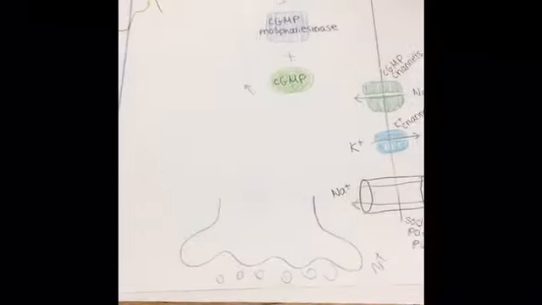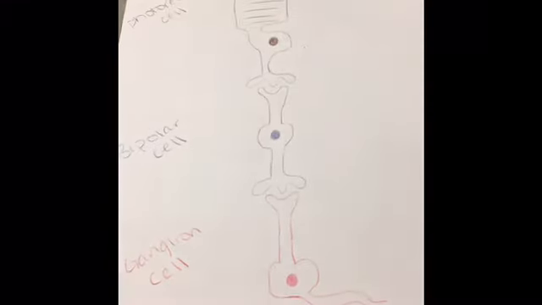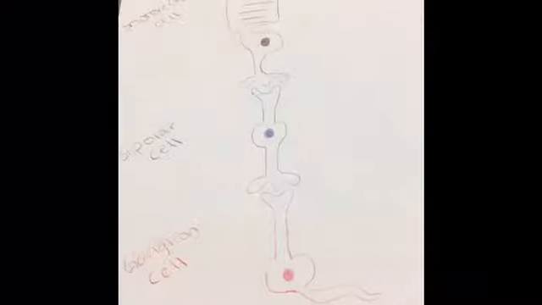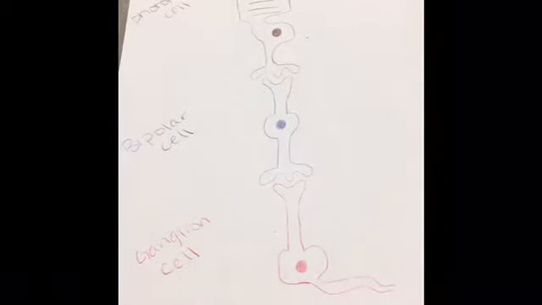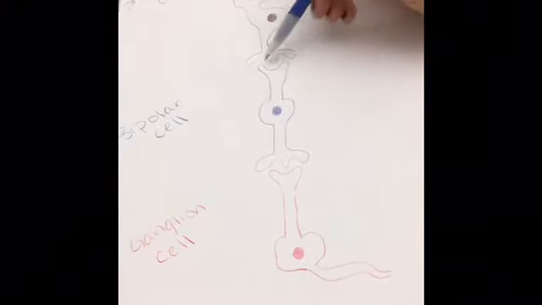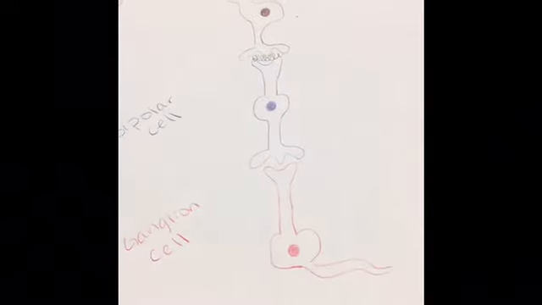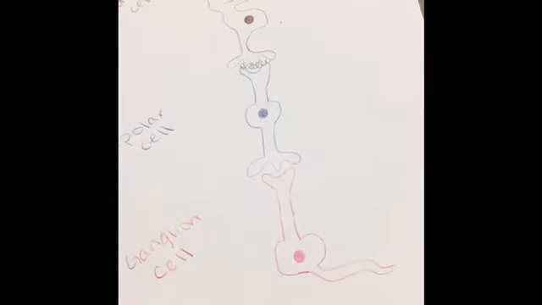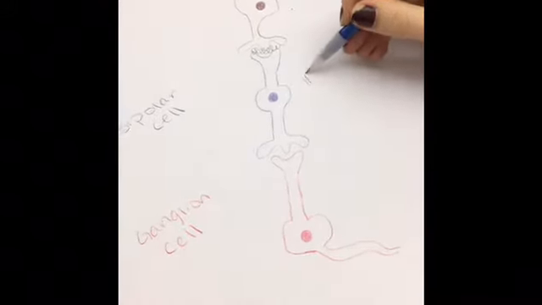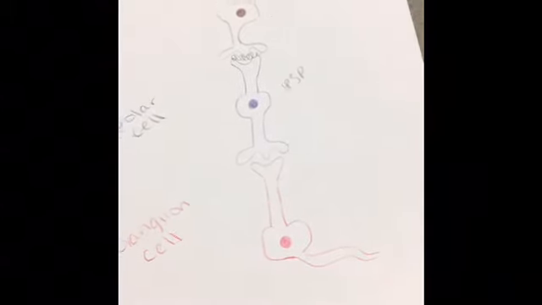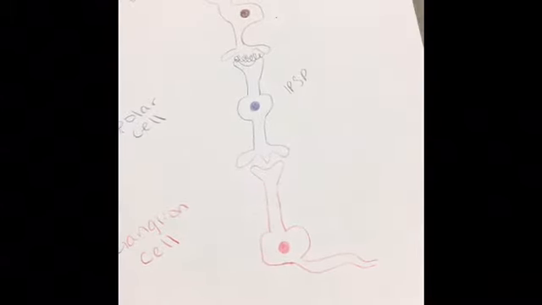So now we'll go back to the big picture. In the pathway in the dark, the photoreceptor cell will release neurotransmitters, and there will be an IPSP generated on the bipolar cell.